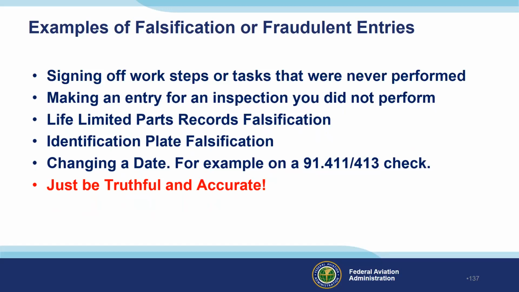Changing a date, like a 91.411 or 91.413 date. I actually saw an IA lose his certificate because he changed the date on one of those checks, and the owner pressured him into changing the date so they would be in compliance so they could get one revenue flight in. Just never do that. Just be truthful and accurate.